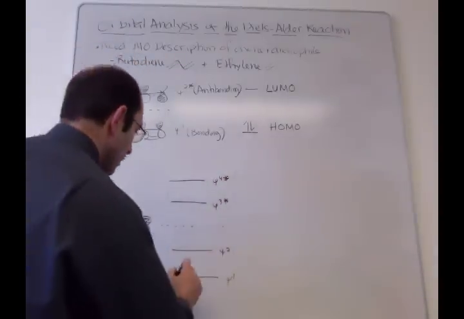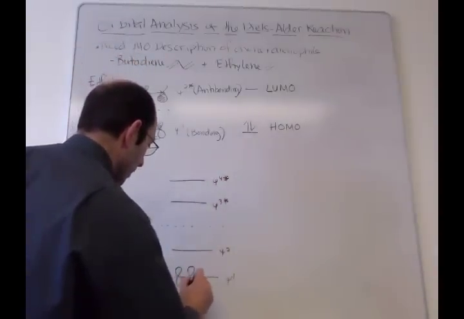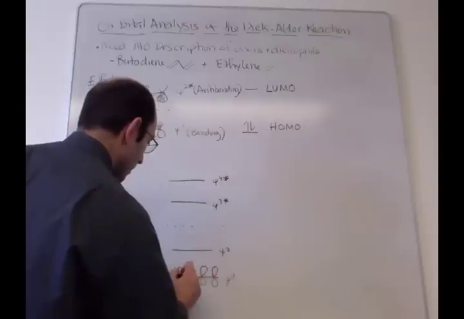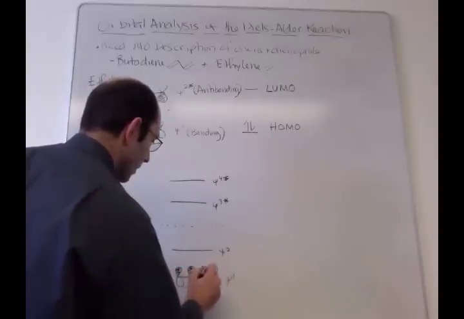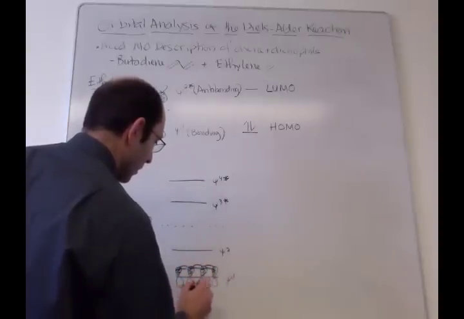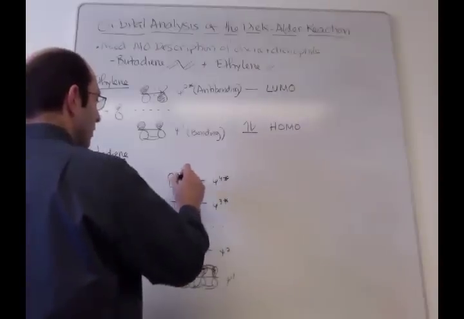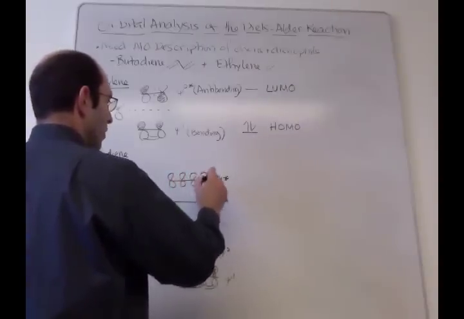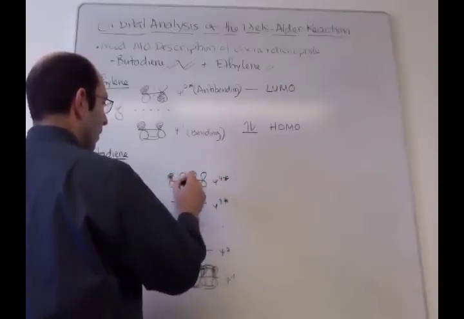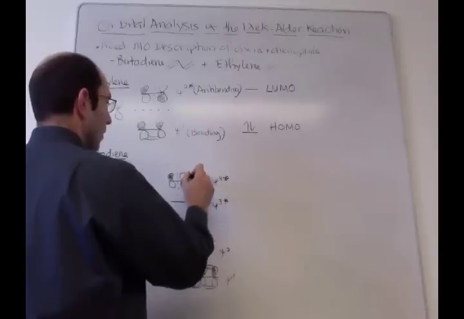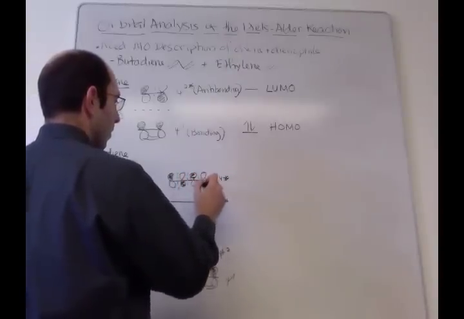Right? And usually it's easy to do the bottom and the top. Right, the bottom, we're going to have overlap everywhere. 0 nodes. The highest energy molecular orbital, there will be no overlap. So we have 3 nodes. Okay?